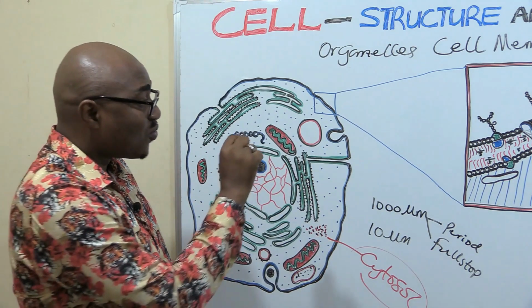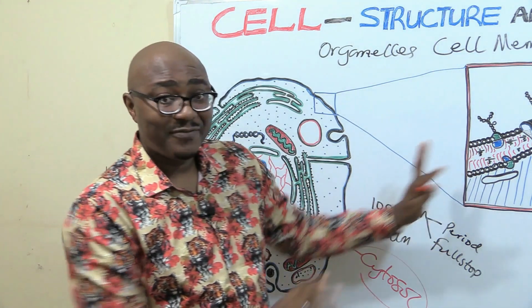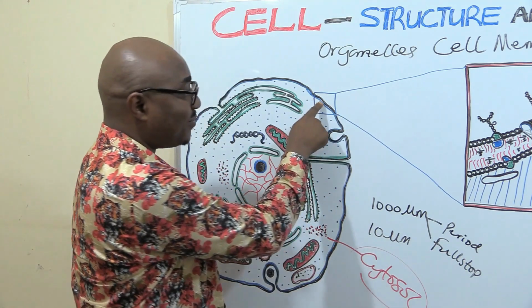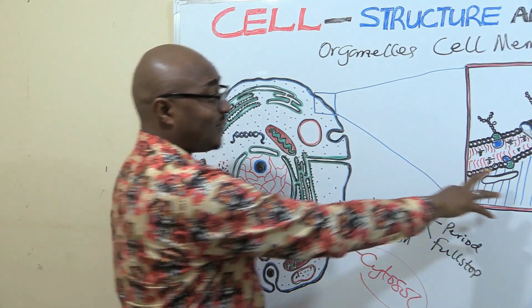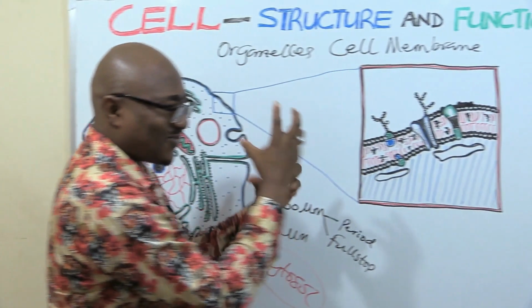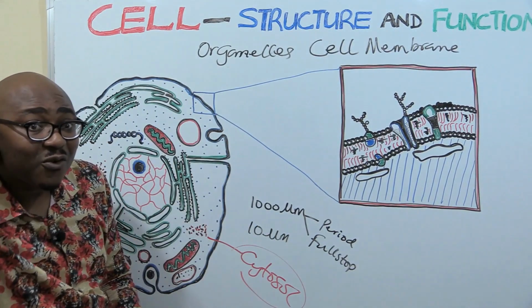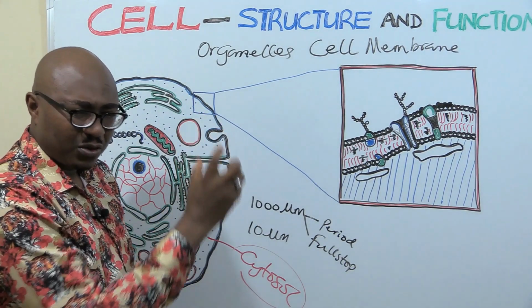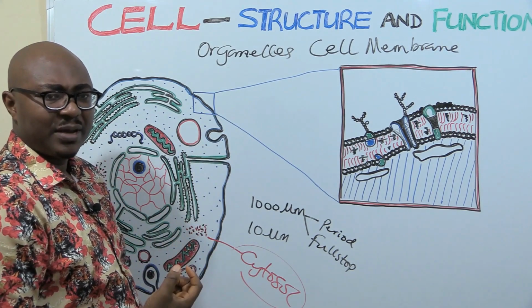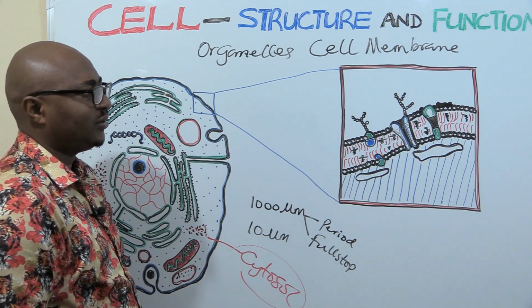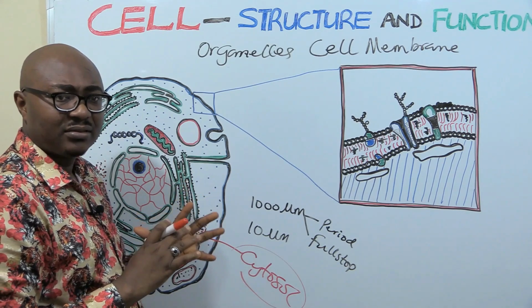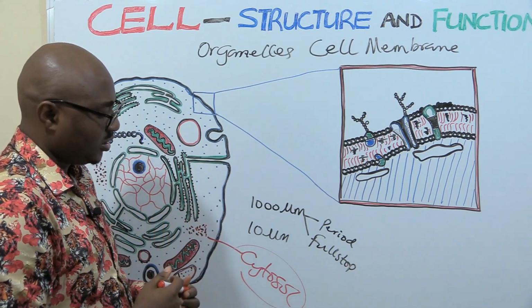We've magnified this cell membrane because you can't really appreciate it from here, so you can see what it's composed of. But first of all, we're going to look at the functions of the cell membrane. Apart from being just a covering, what other things does the cell membrane do for the cell?